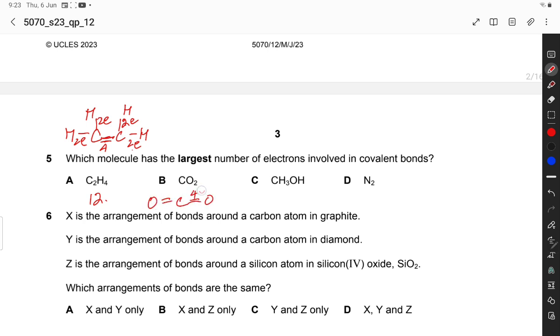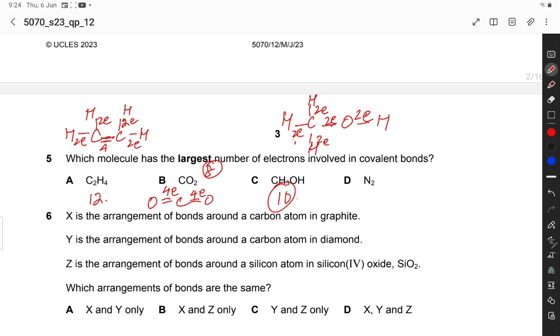And carbon dioxide, over here 4 electrons, over here 4 electrons, so total electrons are 8. CH3OH: this is CH3OH, 2 electrons, 2, 2, 2 and 2, 2 and 2 is 4, 2 is 6, 2 is 8 and 10.